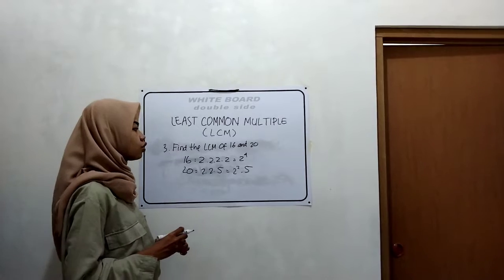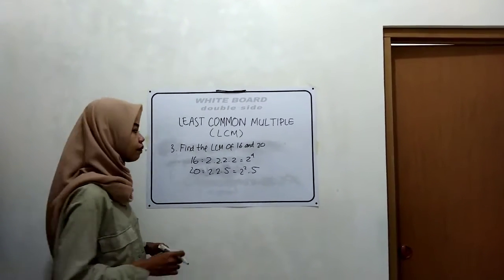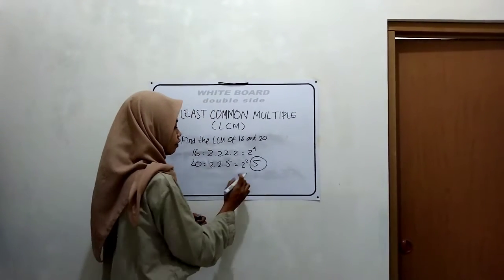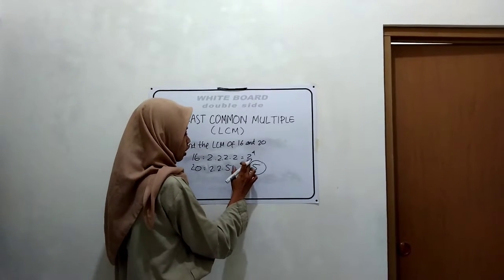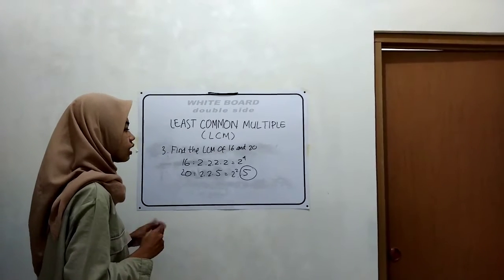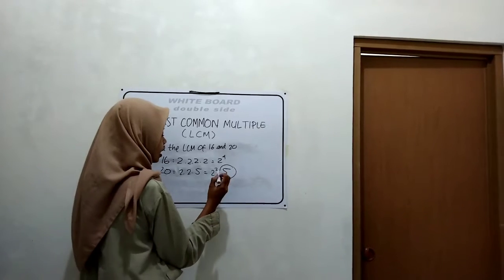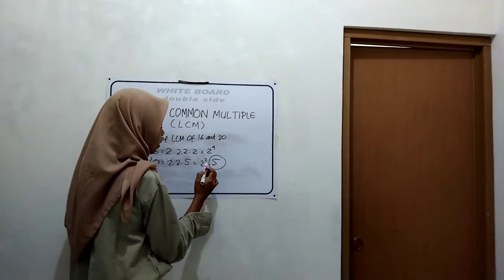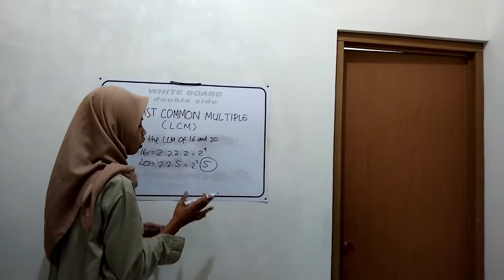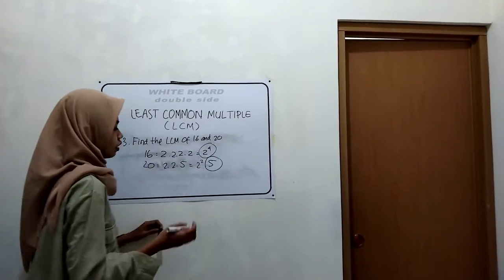Second step, we're going to circle the unique prime factors. I will circle 5, and then we have to look at 2 to the 4th and 2 squared. Choose the greatest exponent, so I will circle 2 to the 4th.